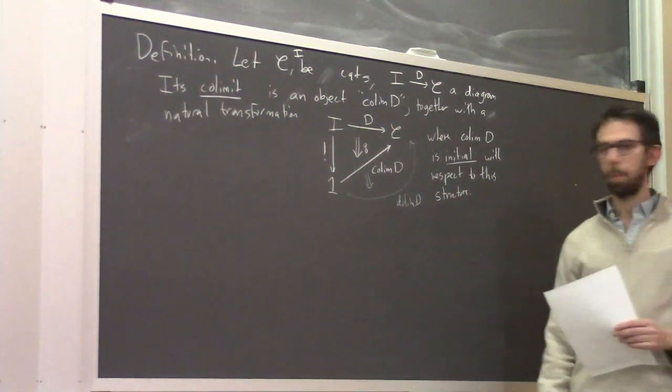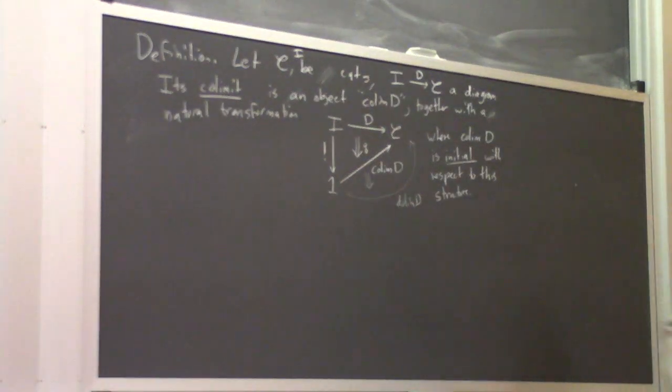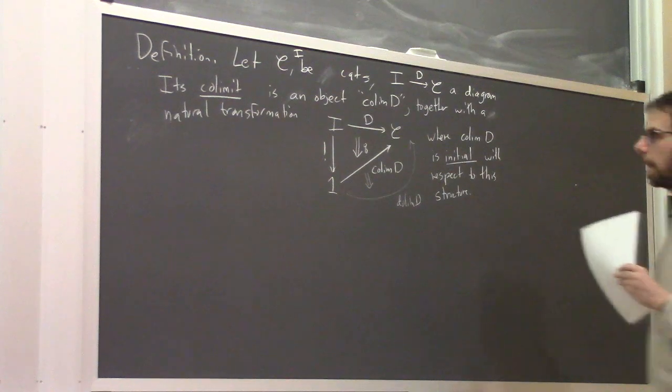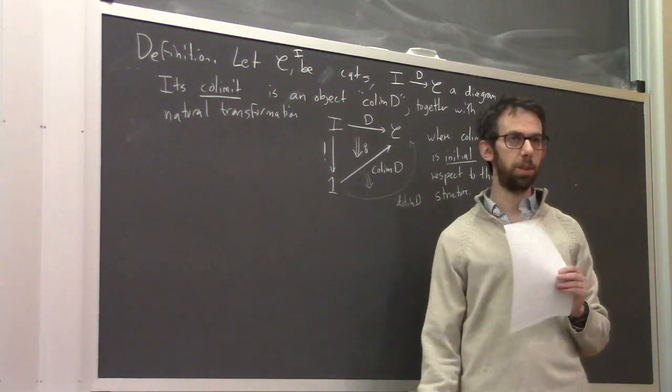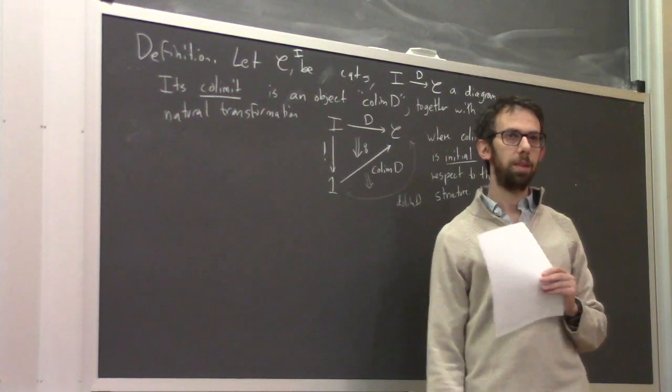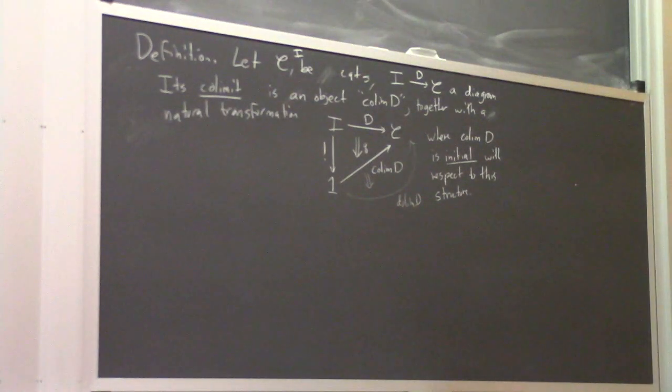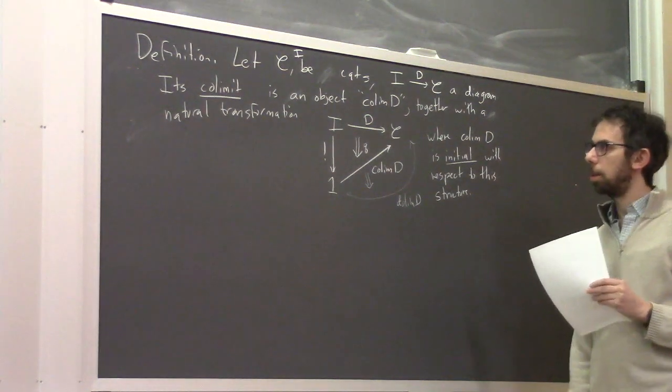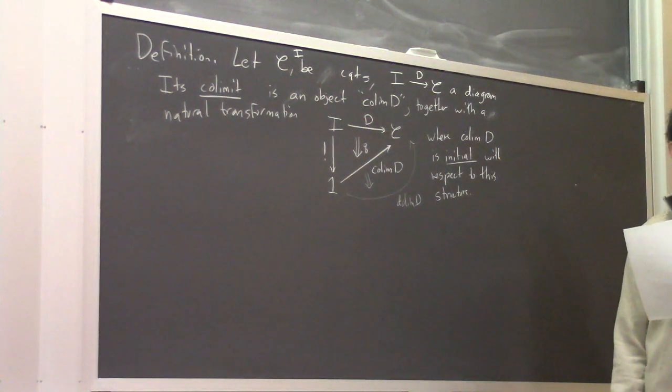We're the smallest? We're the smallest, yeah. Is colim D unique? Colim D is unique up to isomorphism. When I say smallest, it's just for intuition purposes. So is this an initial object in the functor category of this triangle-looking diagram? Yes.